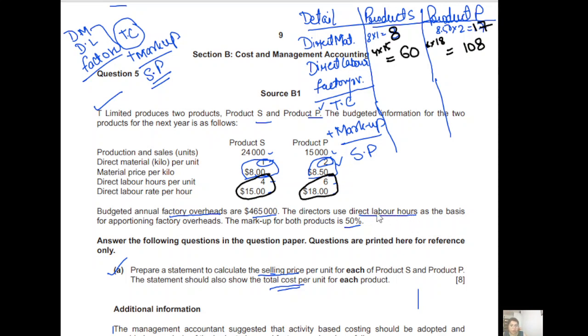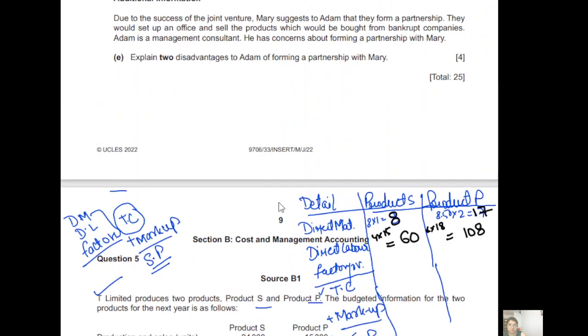So I have to find some space. Okay, I can use this space. First of all we need to find out for product S.